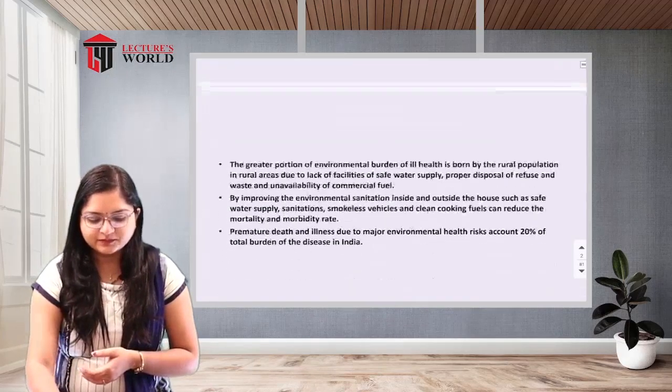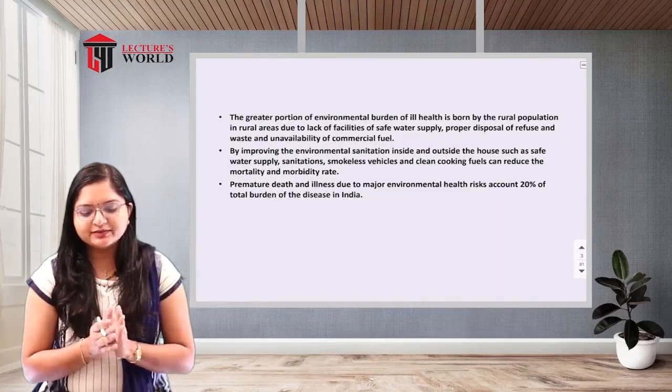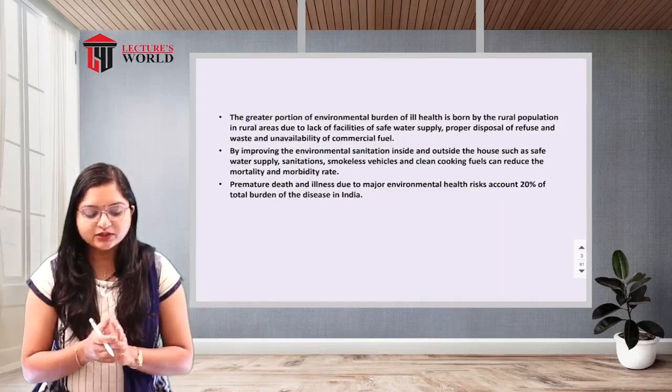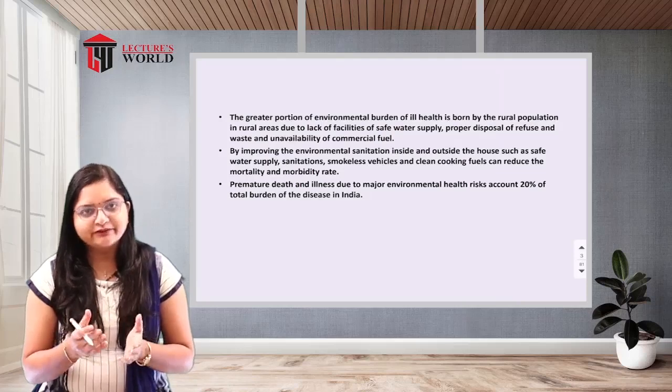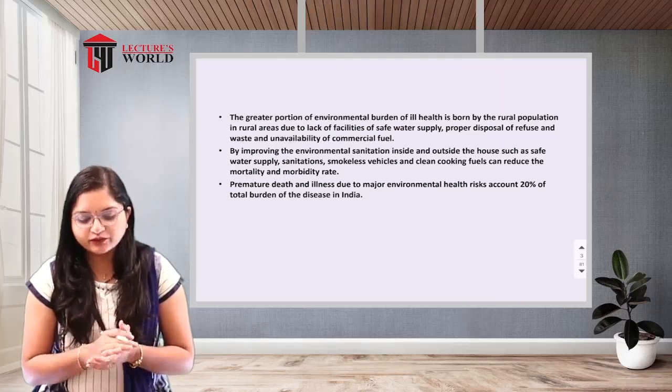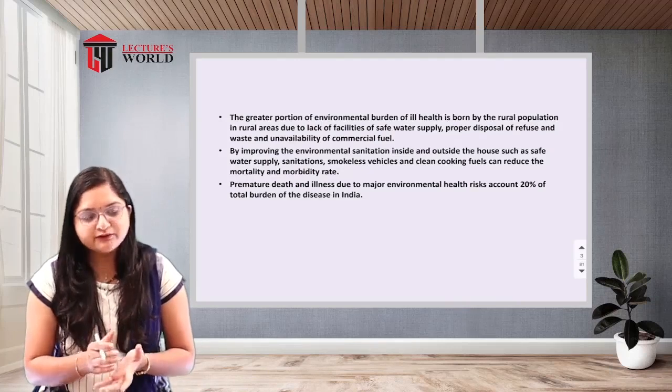The greater portion of the environmental burden of ill health is borne by the rural population, due to lack of facilities like safe water supply, proper disposal of refuse and waste materials, and unavailability of commercial fuels.